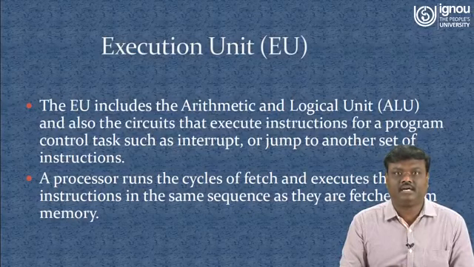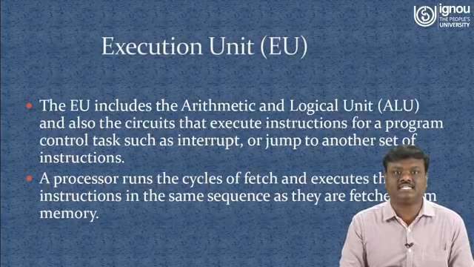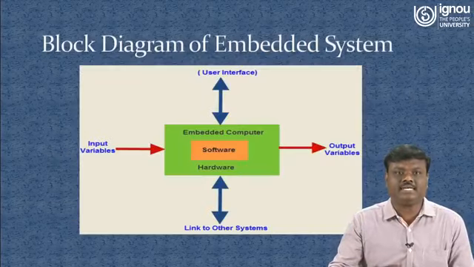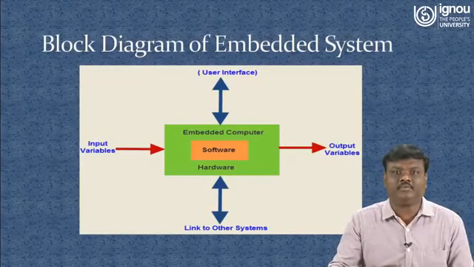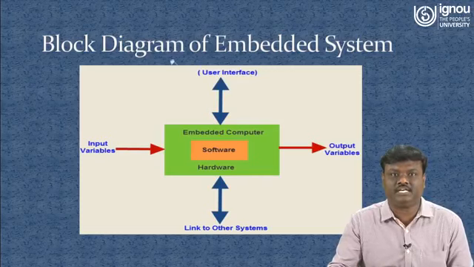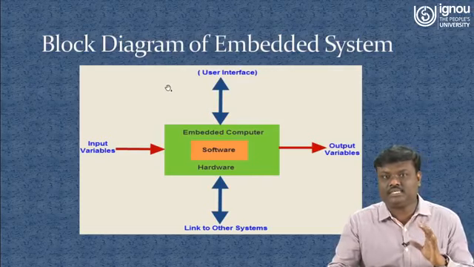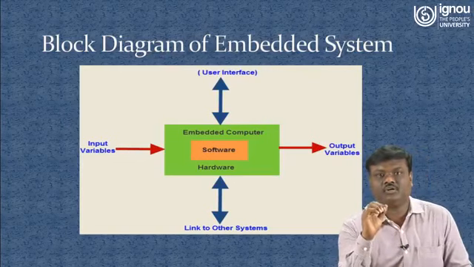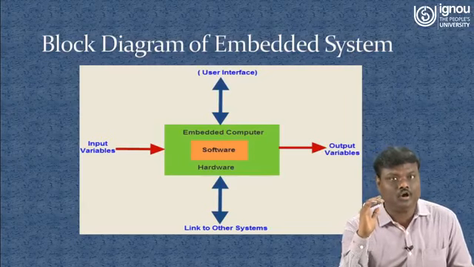A processor runs the cycles of fetch and execute, executing the instructions in the same sequence as they are fetched from the memory. You can see the block diagram of an embedded system here, though it is not showing all the components we talked about. This diagram we can call the embedded system block diagram.